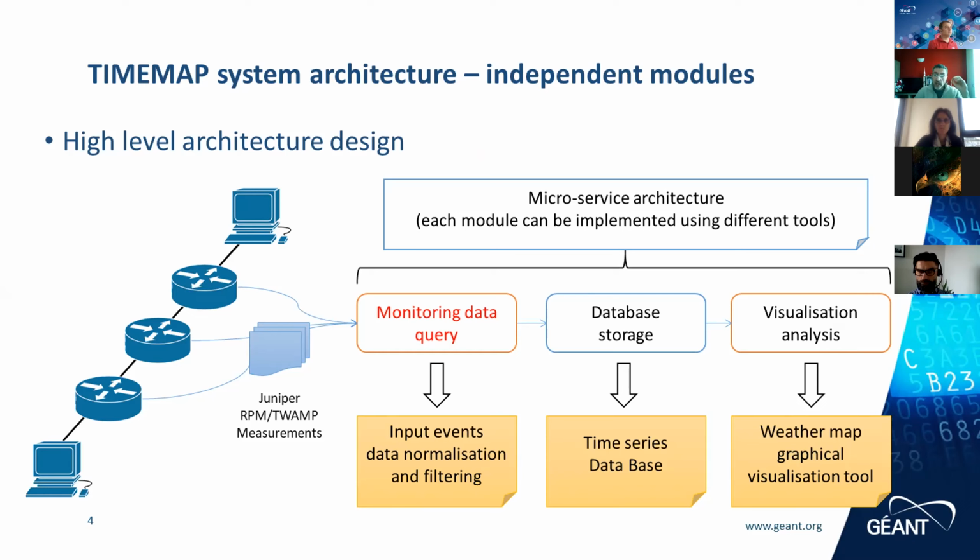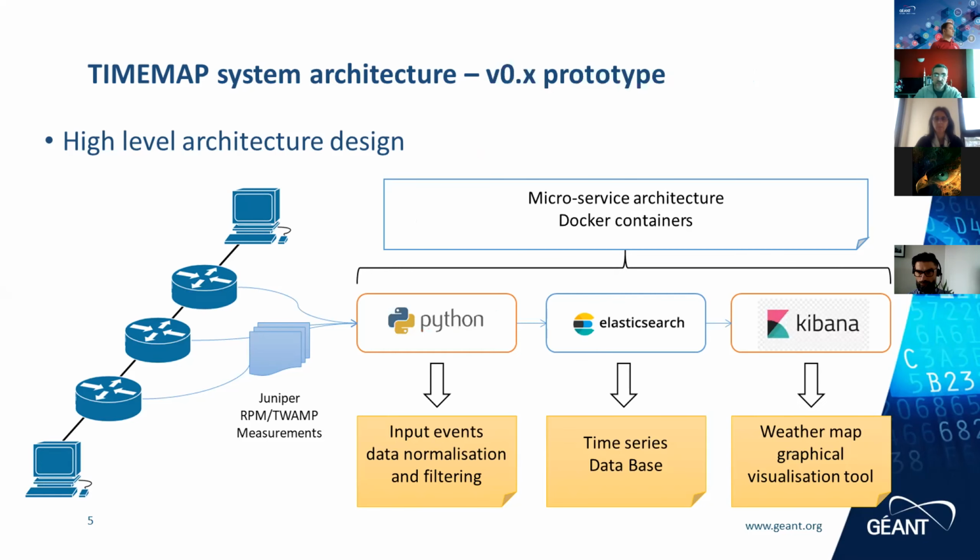And this is why we decided to go for a microservice architecture, because we wanted to have the freedom to change building blocks as needed, keeping the approach and the way of how we get insight from the data.